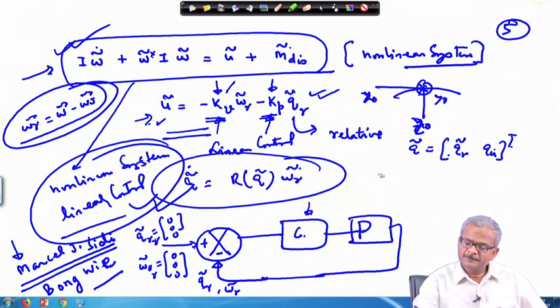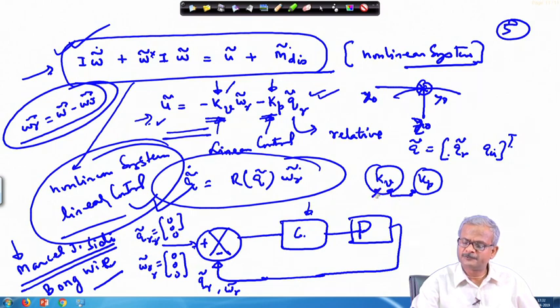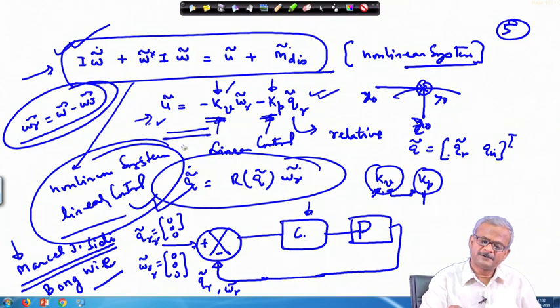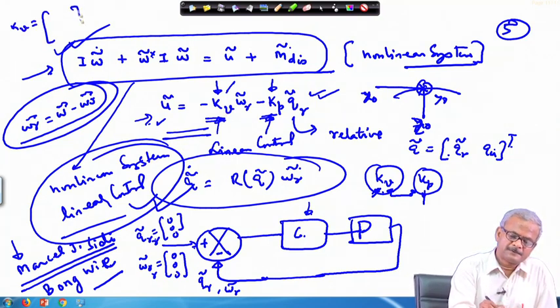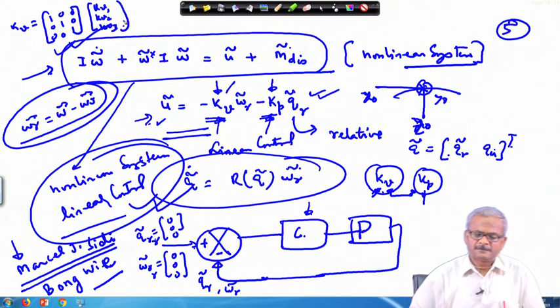The another part, Kv and Kp, if you are doing by trial and error, you can choose different values for them, not necessarily the same values. That means, you can choose the Kv as an identity matrix here, and then Kv 1, Kv 2 and Kv 3 along the 3 axes.